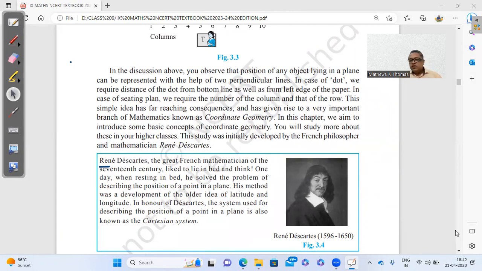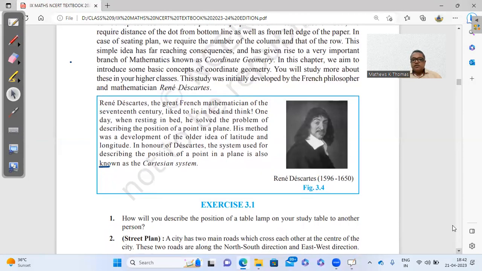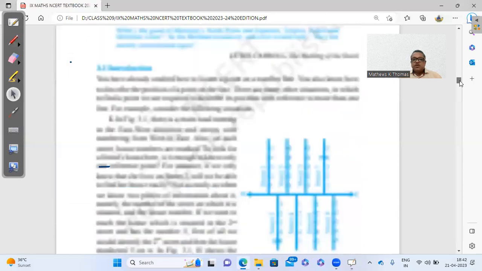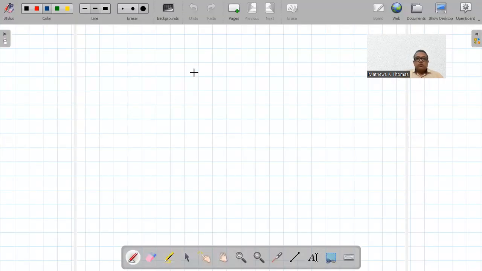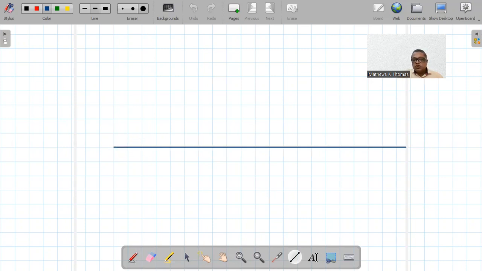Now, in the coordinate system or the Cartesian system, the most important thing that we have to understand is that when we are drawing a graph, there are horizontal lines here and vertical lines here. So this is the horizontal line and this is the vertical line.